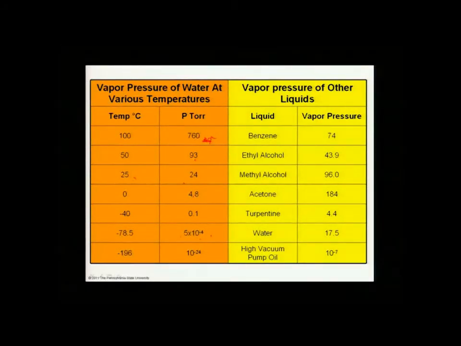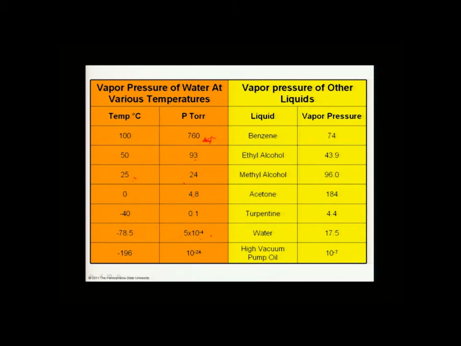Now if you look at some other liquids like benzene, at the same temperature, vapor pressure is 74. Wow, it's 10 times lower than water. If we look at 50 degrees, ethyl alcohol is not too much different than water.